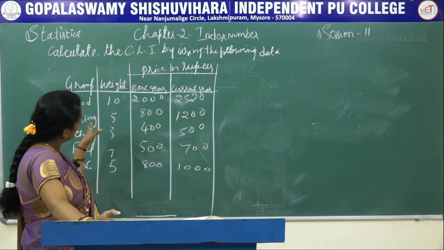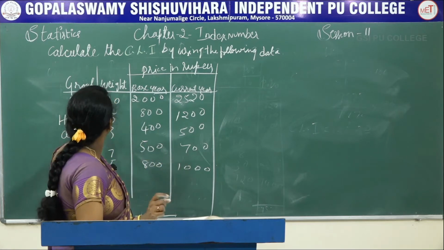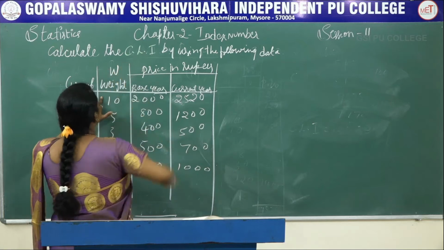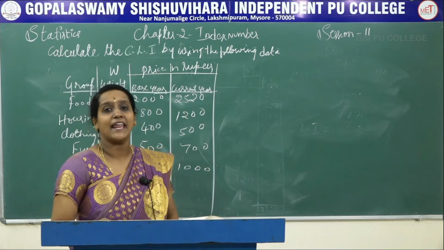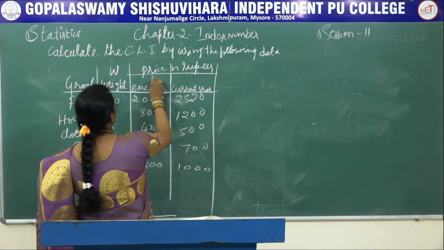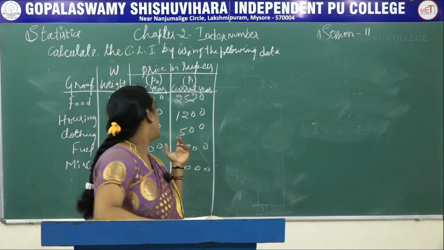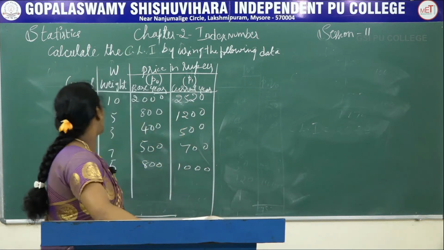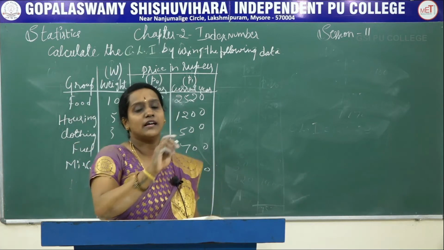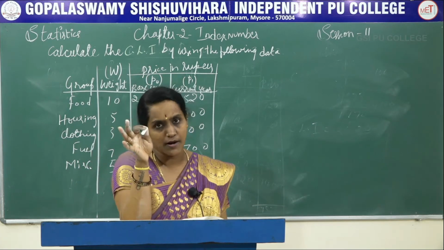Here we have to find cost of living index number with a suitable method, but in this problem they have given the weight, that is W, and here we don't have any quantities. Simply we have the price for base year, that is P0, and for current year it is P1, and the weight we call it as W. We don't have quantity, so here we will not compute the quantity.